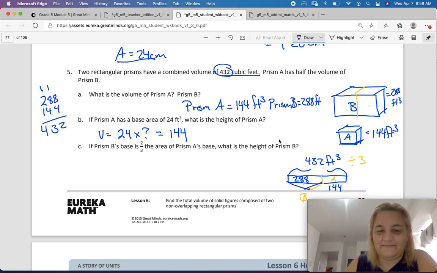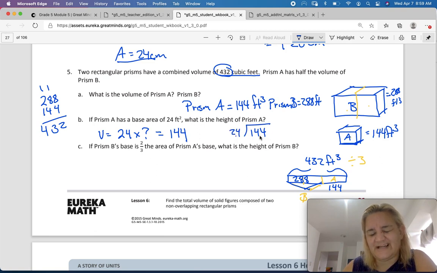Well, now we're just going to divide that and see what we get. 144 divided by 24. 24 is going to go into there 1, 2, 3, 4, 5, 6 times maybe. 6 times 4 is 24. 6 times 2 is 12, 13, 14, yes. Okay. So the height would be 6.